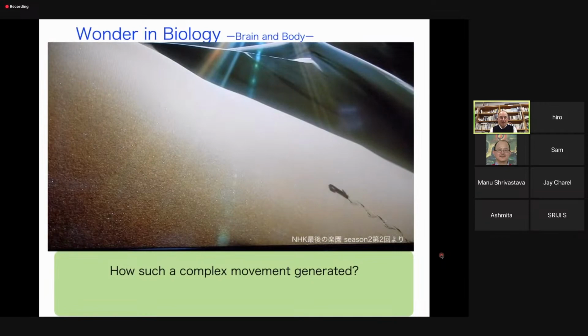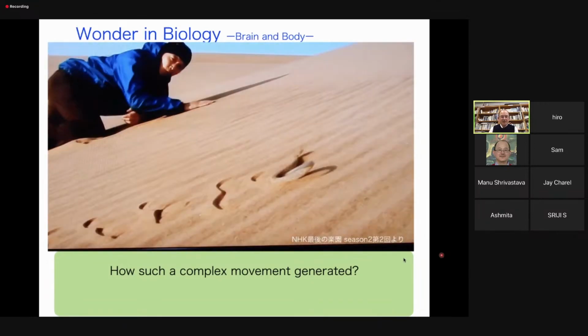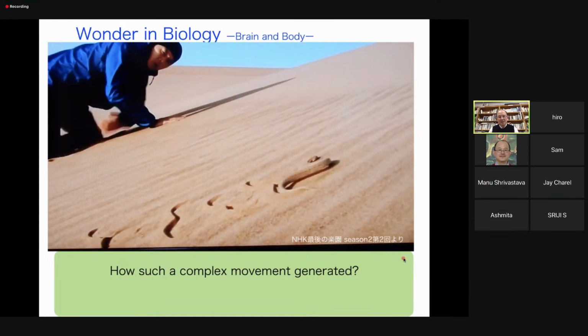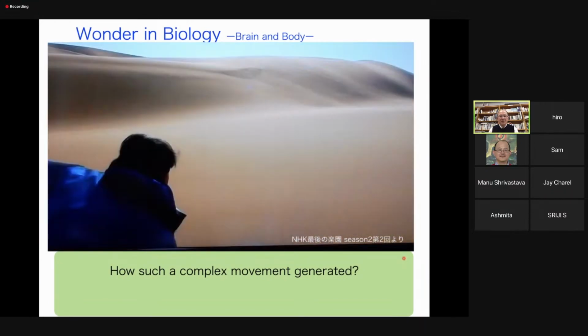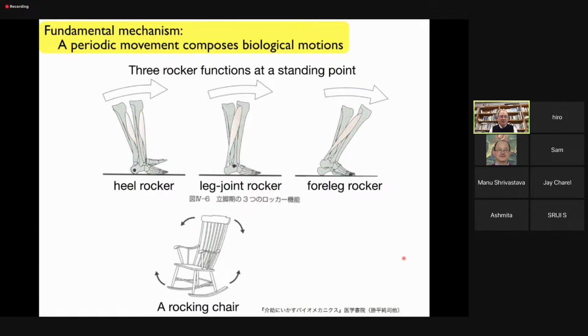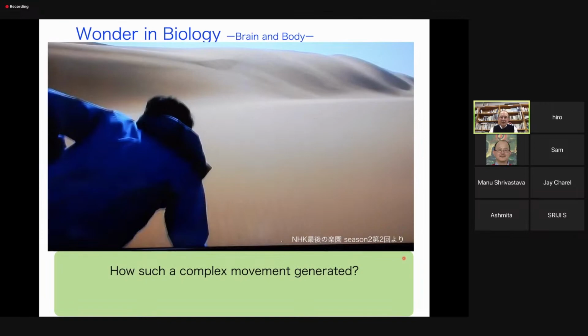It generates some specific behavior. This works quite nicely, even with the snake, fish, and human beings, like a rocking chair mechanism. Interestingly, even with snakes or humans, we have a common principle to generate such periodic motion. Even the cat.